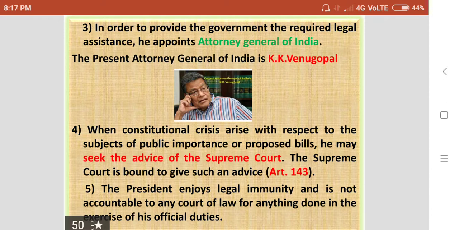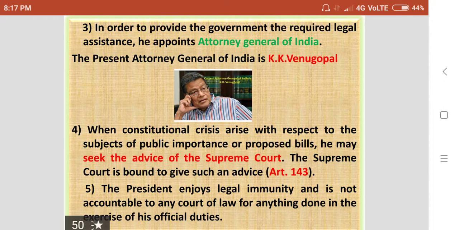Then fourth judicial power. When a constitutional crisis arises with respect to the subjects of public importance or proposed bills, he may seek the advice of the Supreme Court. The Supreme Court is bound to give such an advice. So this is according to Article 143.